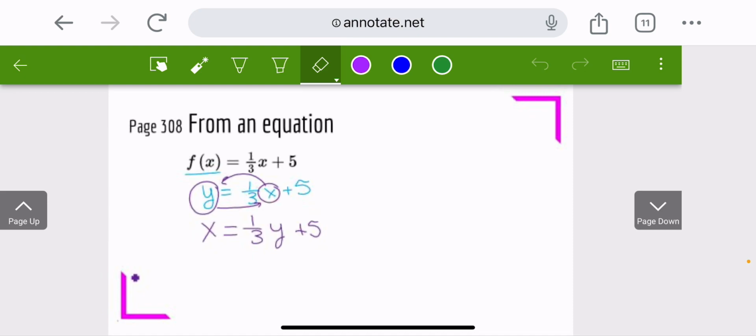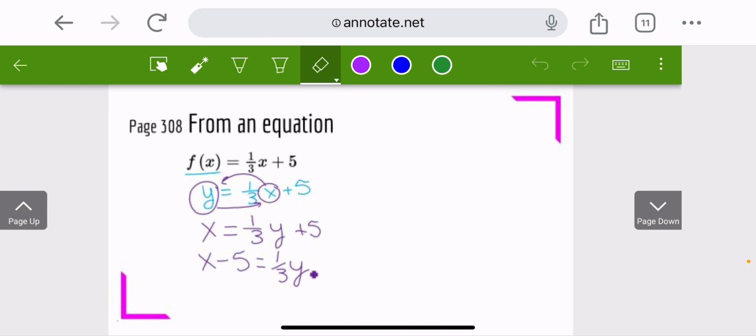Now we just need to get y by itself. So what do I need to do to get y by itself? Subtract 5 from both sides. We're going to have x minus 5 equals 1/3 y. What are we going to do next to get y by itself? Multiply by 3 to both sides.